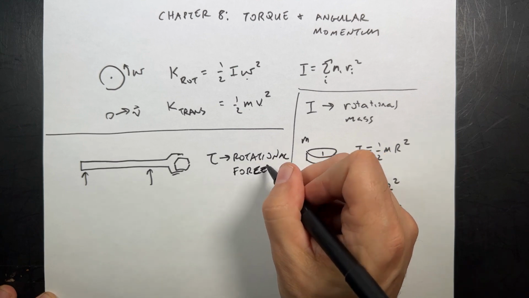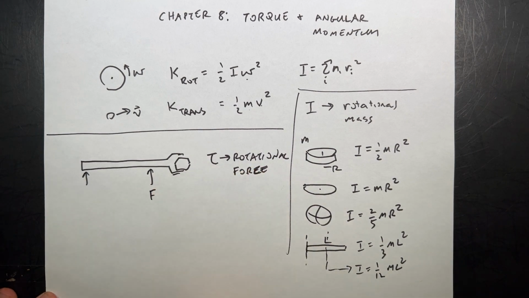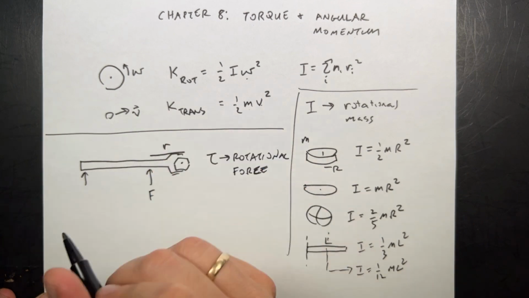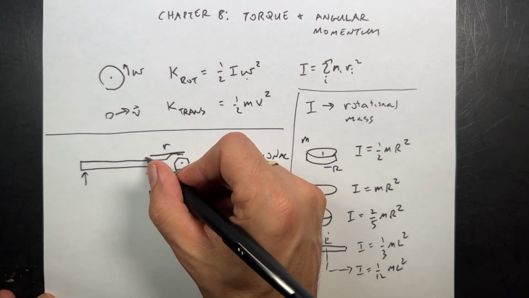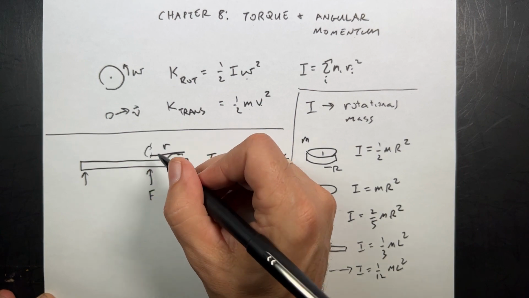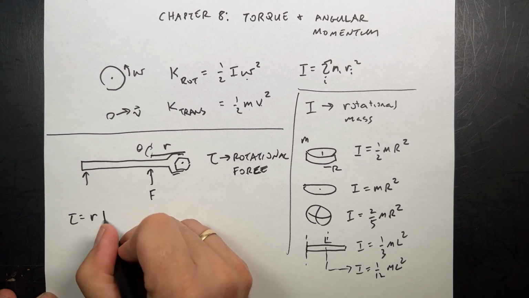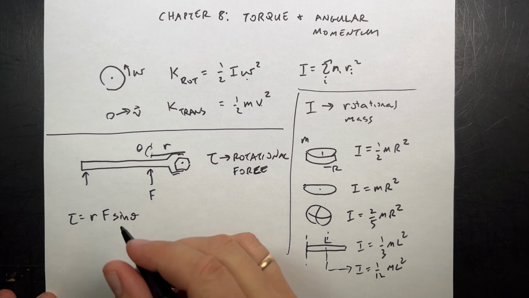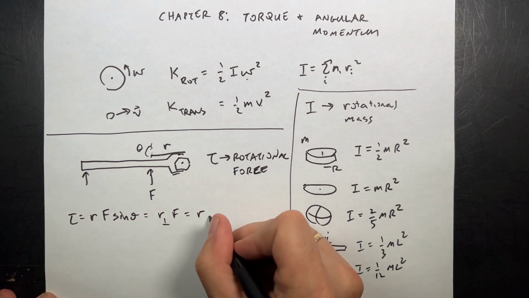Now, the torque depends on three things. It depends on the force, how hard you push. It depends on how far that force is from the point of rotation, and it doesn't even have to rotate. And it depends on the angle between F and r. So we can write torque as r F sine theta. Now, sometimes we actually like to write it like this: r perpendicular F, or r F perpendicular.